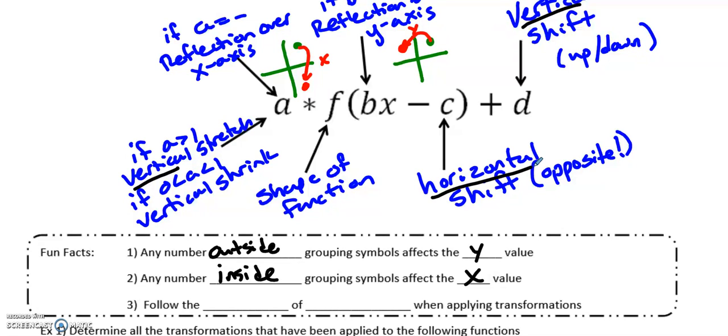Notice how the shift was horizontal, or here it changed the x values going left and right with the reflection. And lastly, we're going to follow the order of operations in applying these. So notice how we have a times something and then plus, so a multiplication, then addition. So we'll do the multiplication first. So a will be done before d.